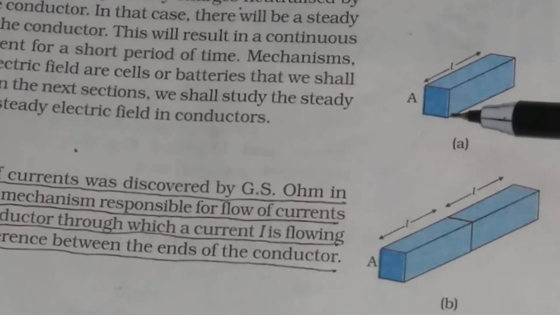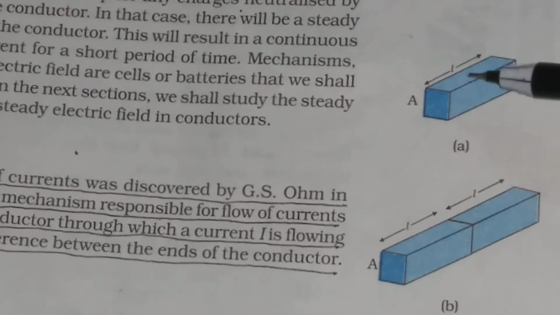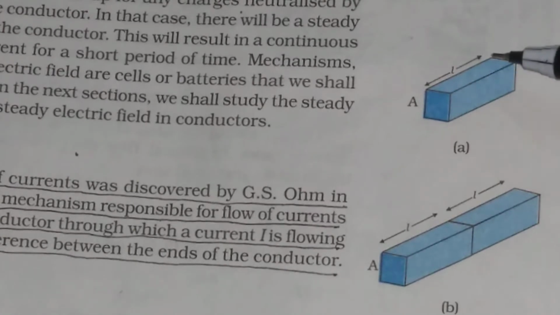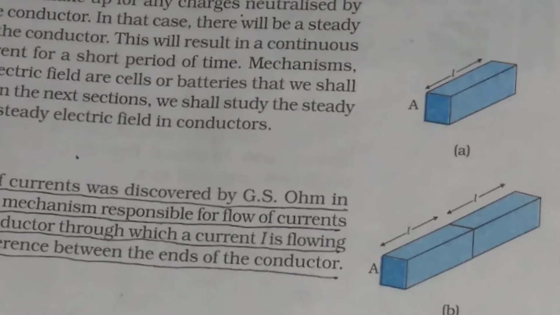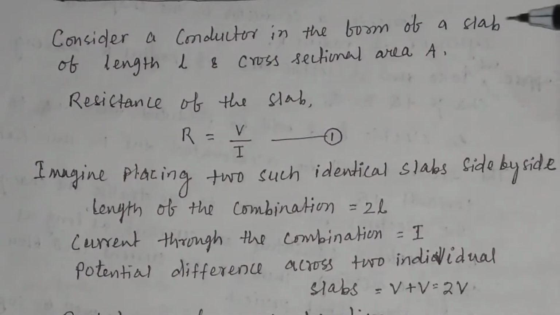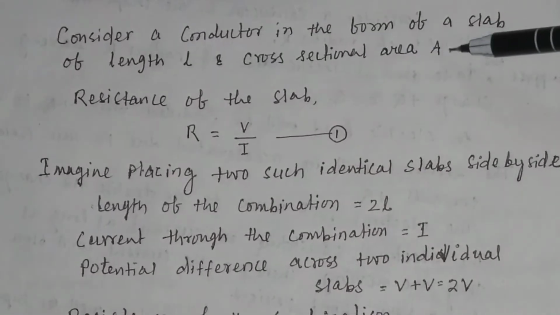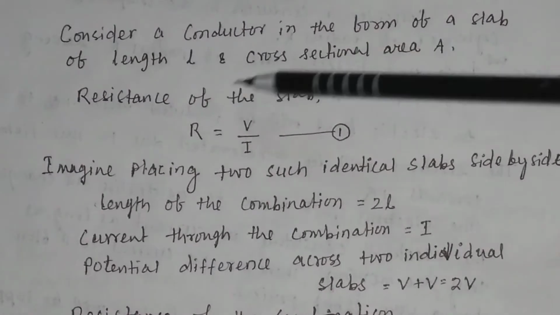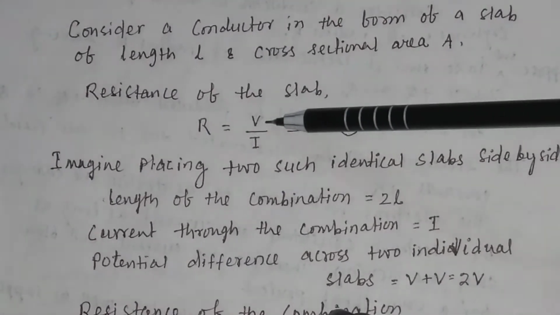You see, this is a conductor in the form of a slab. The length of the conductor is L and the area of cross section of the conductor is A. So resistance of the slab will be R equal to V by I.